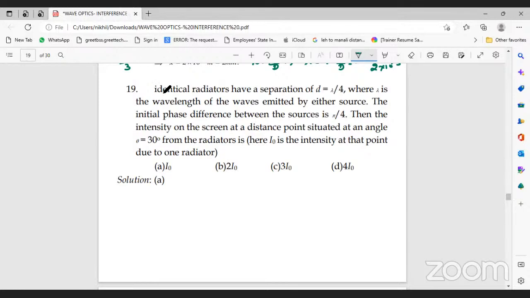Look at this. Identical radiators are there. Radiators means which are going to emit certain waves. Those two identical radiators are separated by what distance? Lambda by 4. Lambda is the corresponding wavelength. What is the initial phase?